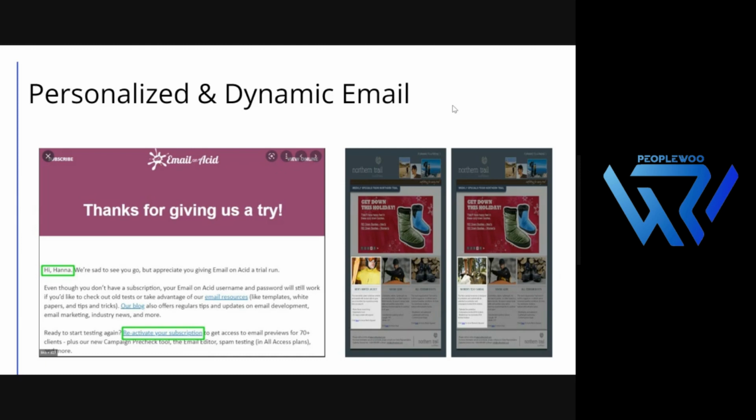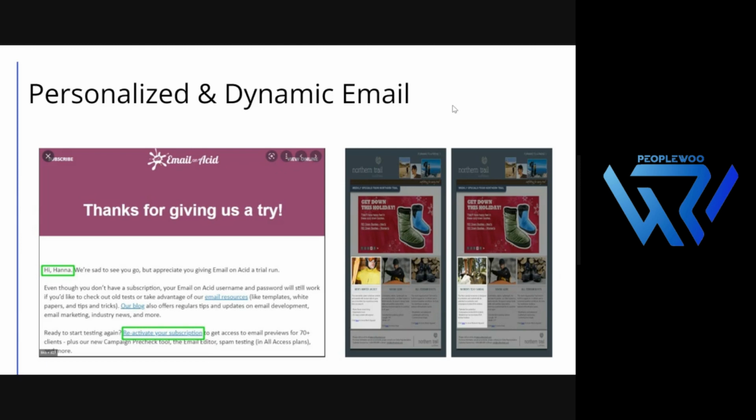So guys, this is the example of a personalized and dynamic email displayed in front of you. Left hand side you see the email, it is addressing a customer with their first name. Hi Hannah. Below that you see reactivate your subscription highlighted in a green box.